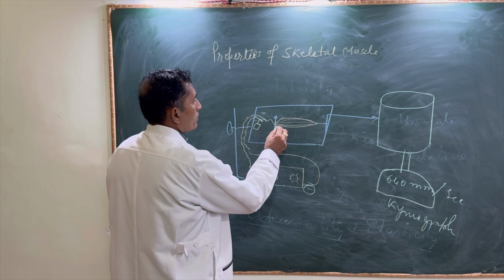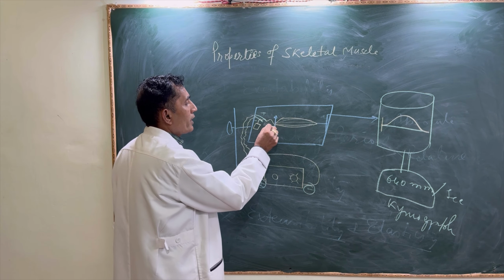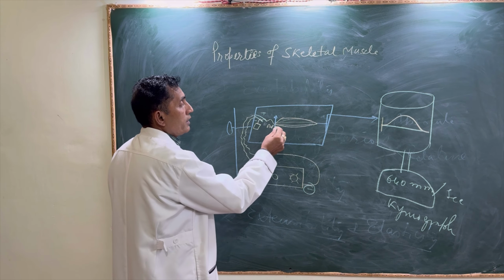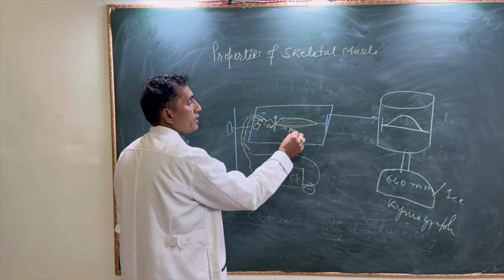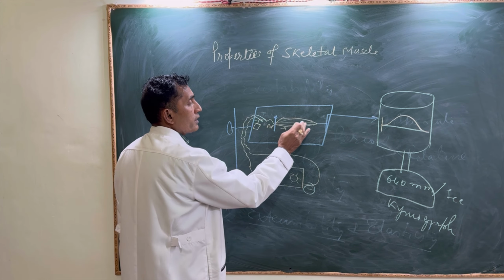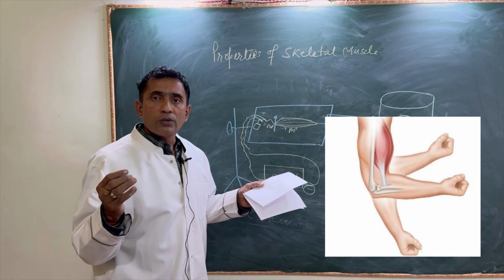What type of mechanical event? You are providing the stimulus here, a threshold stimulus. So an action potential is generated here, and this action potential ultimately reaches here, and there will be a contraction. As we all know, when skeletal muscle is contracting, the length is reduced.